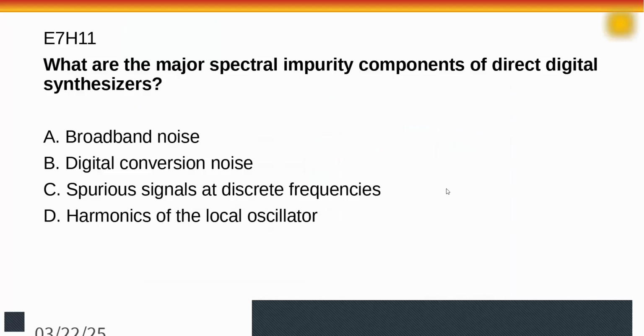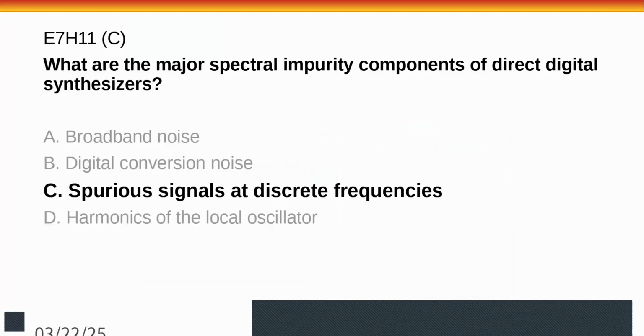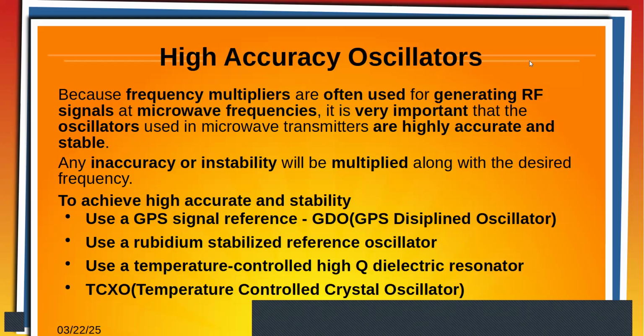So what are the major spectral impurity components of a direct digital synthesizer? Okay, a high accuracy oscillator. One of the main ones is called a GPSDO, GPS disciplined oscillator, where you lock, it's kind of like a phase lock, to a GPS signal so that it's going to be accurate to a trillionth or whatever of a cycle.